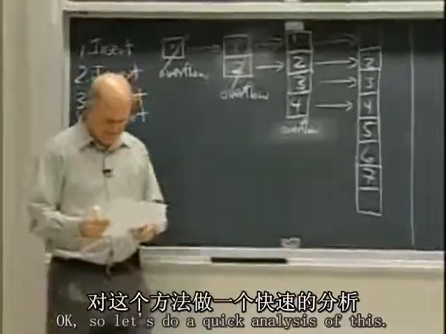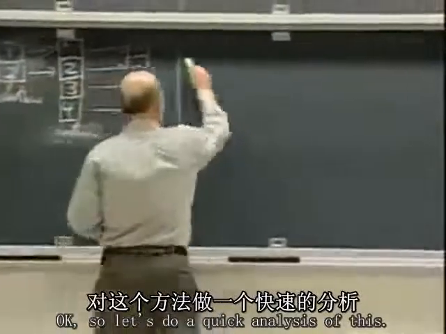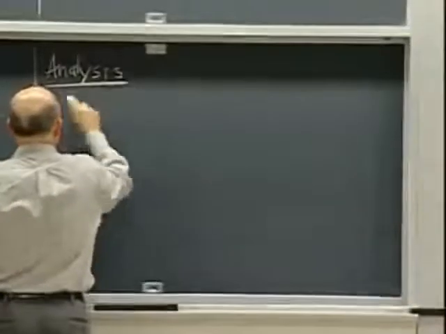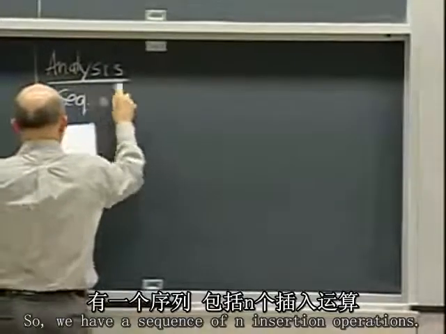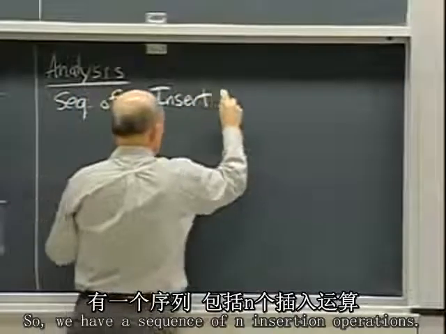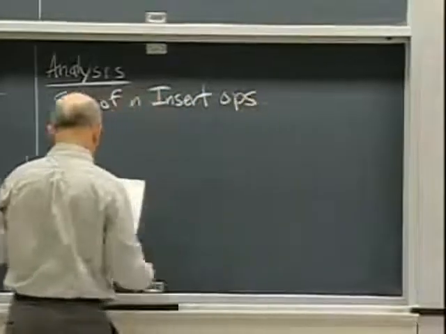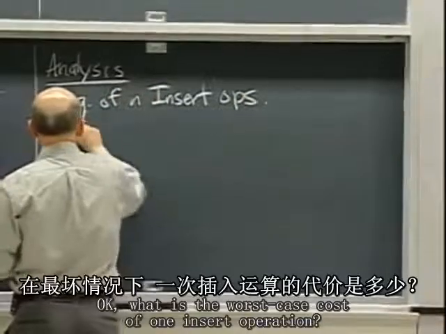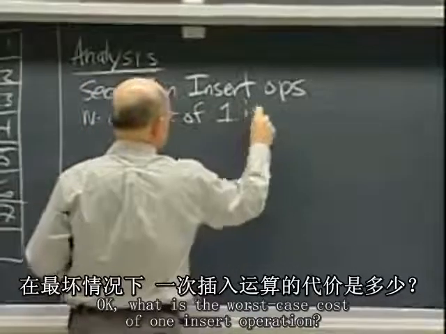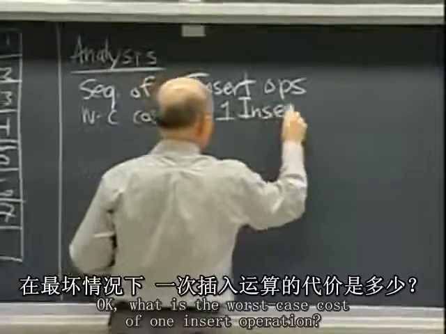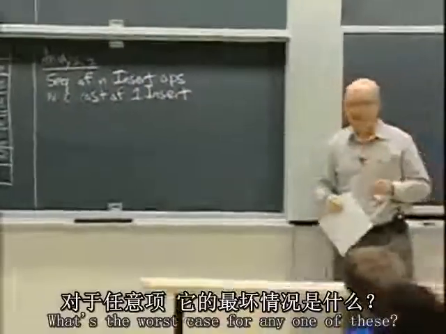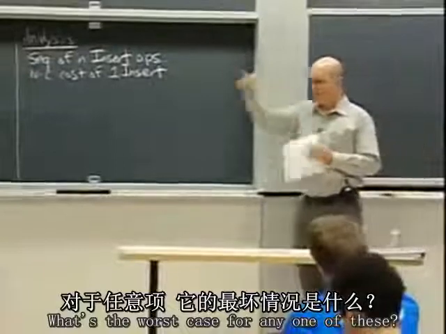Okay? So let's do a quick analysis of this. So we have a sequence of n insertion operations. Okay. What is the worst case cost of one insert operation? What's the worst case for any one of these?